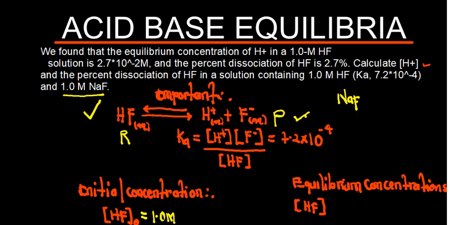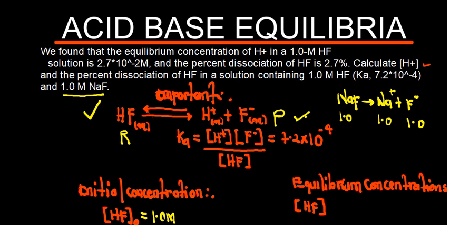When this completely dissociates, you're going to have the sodium ions, and you're also going to have the fluorine ions. So the concentration of the sodium fluoride was given as 1.0, and if this completely dissociates in a chemical reaction, the concentration of the sodium will equally be 1.0, and the concentration of fluorine will equally be 1.0.